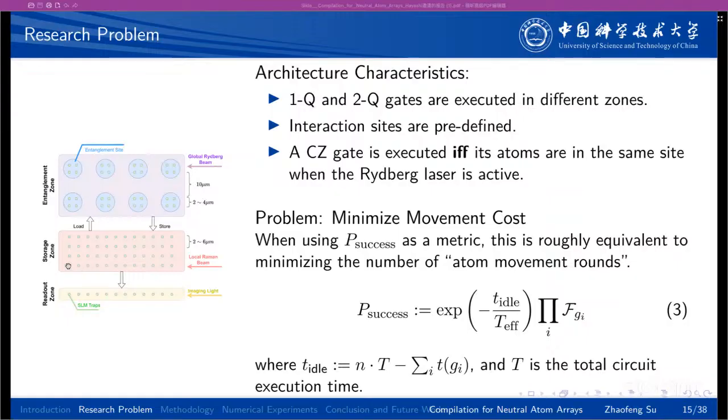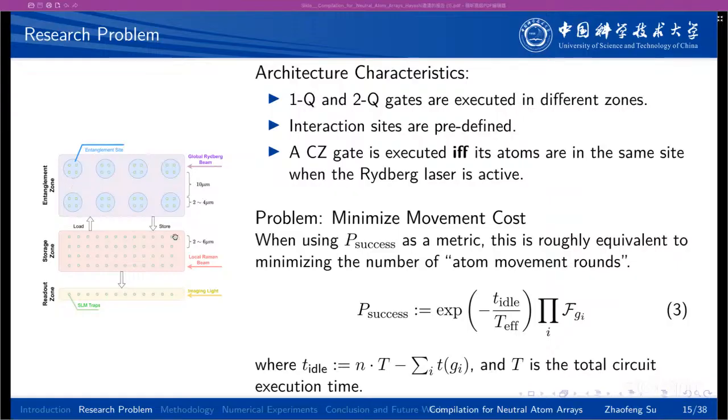1-qubit gates and 2-qubit gates are executed in different zones. To be specific, the 1-qubit gates are executed in the storage zone, and when it needs to apply 2-qubit gates, the atoms should be moved to the entanglement zone.